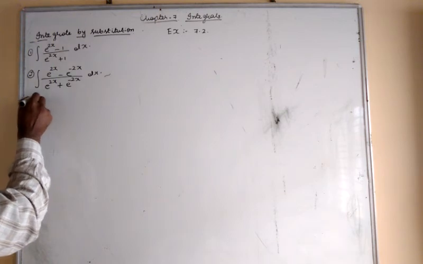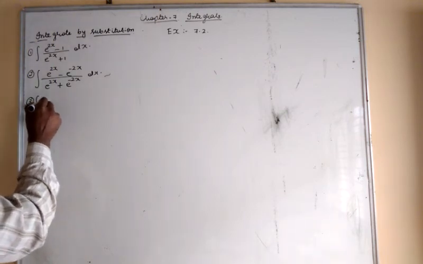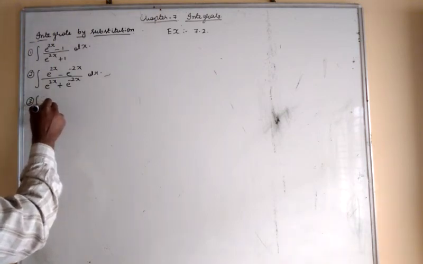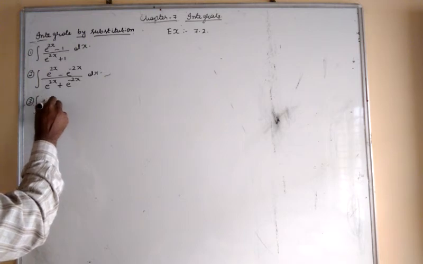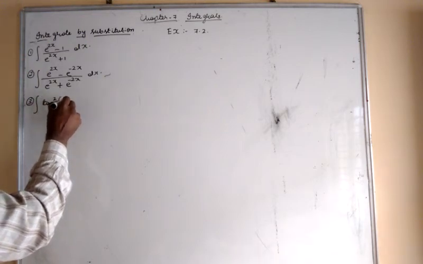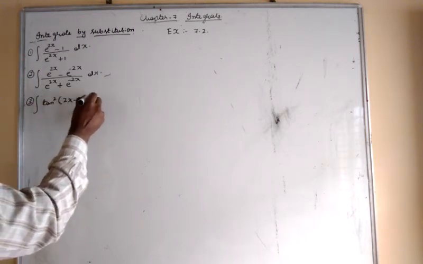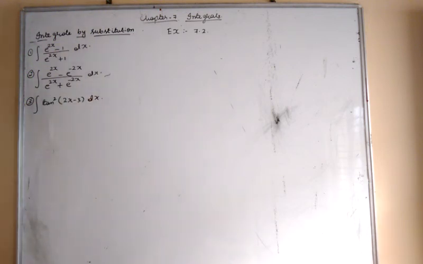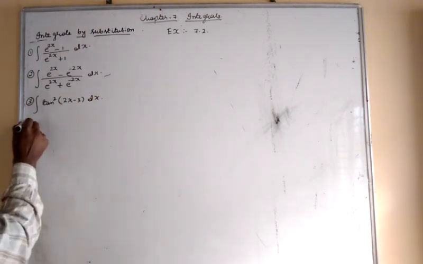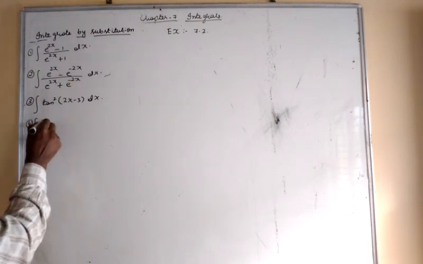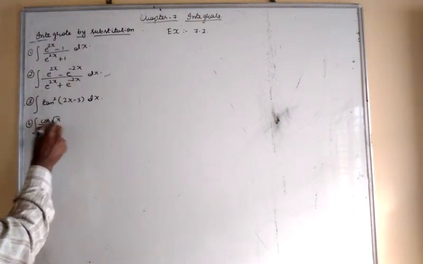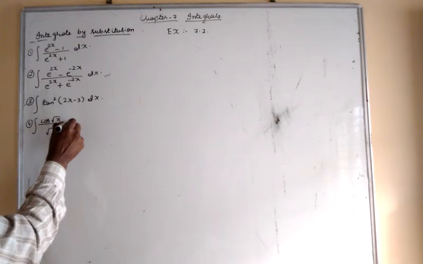The next one, integration of tan square 2x minus 3 dx. The next problem is integration of cos root x by root x dx.